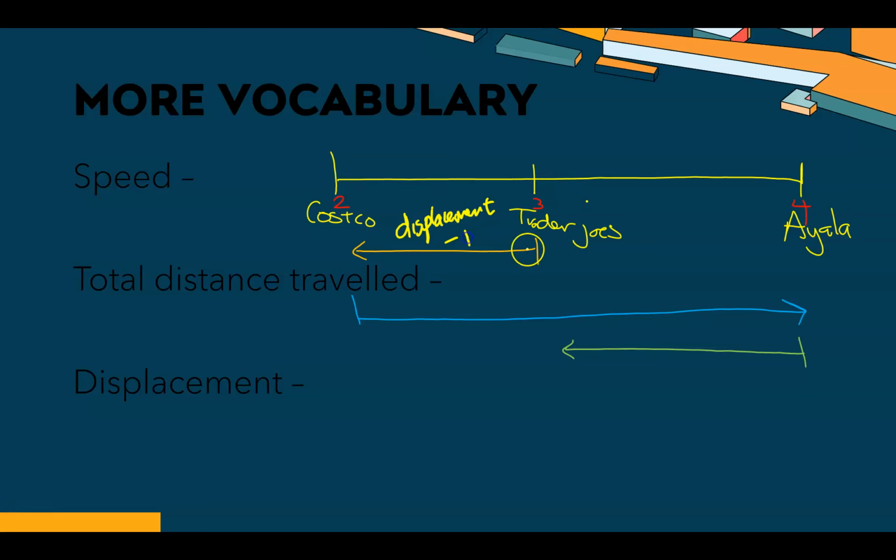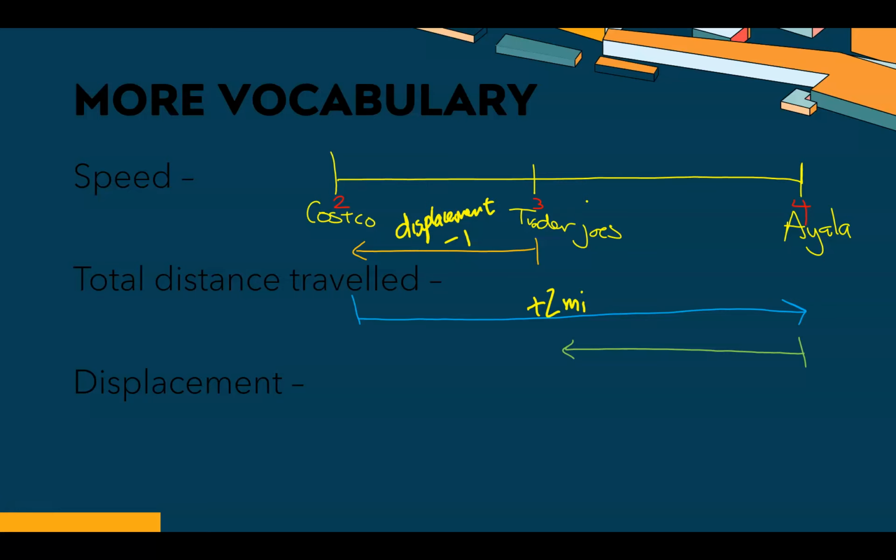Okay, and then if we went from Trader Joe's to Costco and then drove to Ayala, well, this blue line, the length of that is plus 2 miles. Total distance traveled so far, well, we drove 1 mile from Trader Joe's to Costco and 2 miles from Costco to Ayala. So the total distance traveled there is 3 miles.